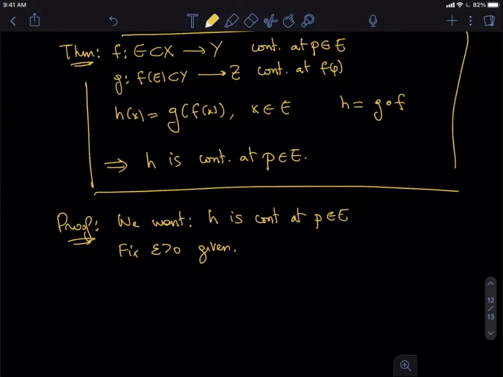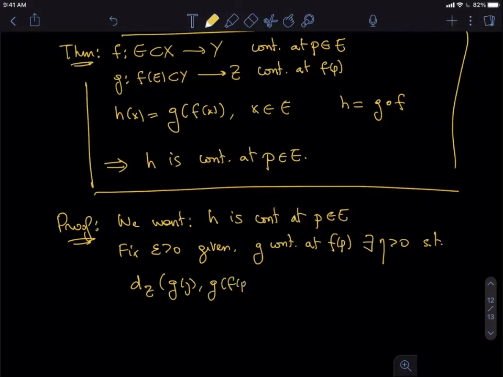And then the only thing we can use is the continuity of g and f. So because g is continuous at f of p, there exists some eta such that the distance between g of y and g of f of p, distance in Z, is less than epsilon if the distance in Y of y and f of p is less than eta.